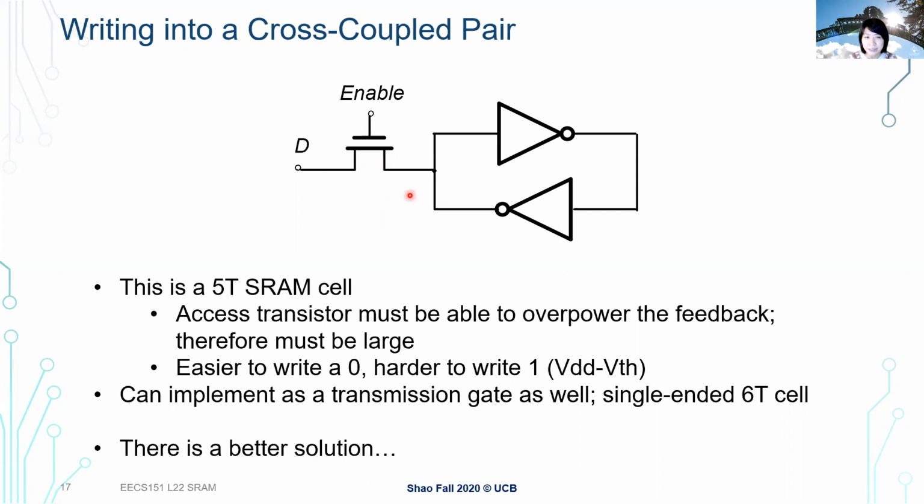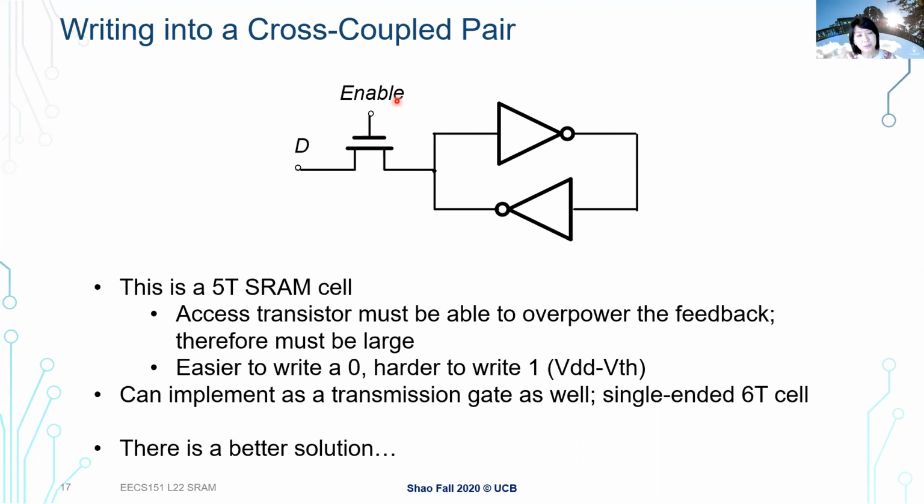We'll talk about that later, and we won't get into it for now. What's going on here is that we want to write the data from the input D to the internal node of our SRAM cell so that the data can be updated.